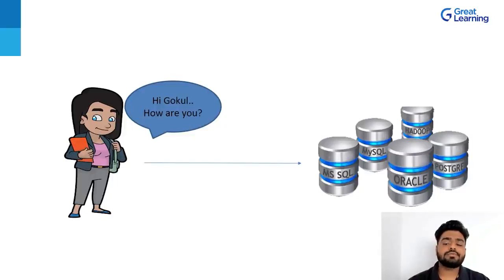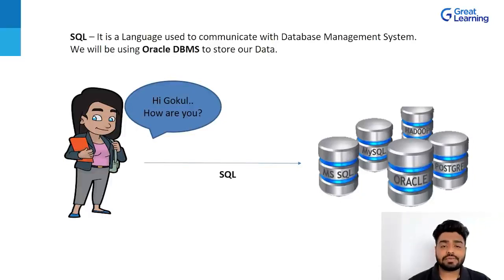So we have to use what is called SQL. It is a language used to communicate with a database management system. We'll be using Oracle database to store our data, but SQL will be the actual language we write to tell the DBMS what it has to do.